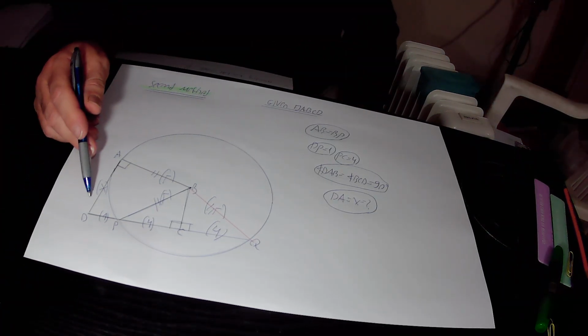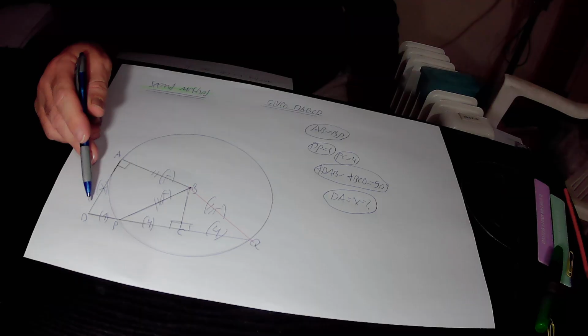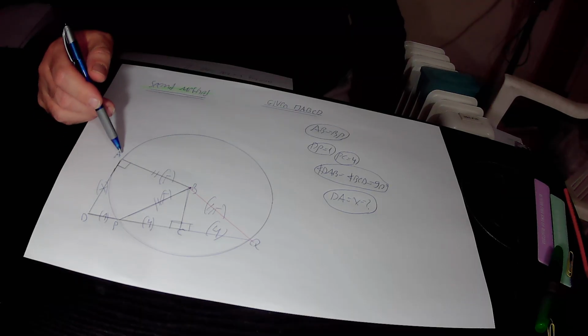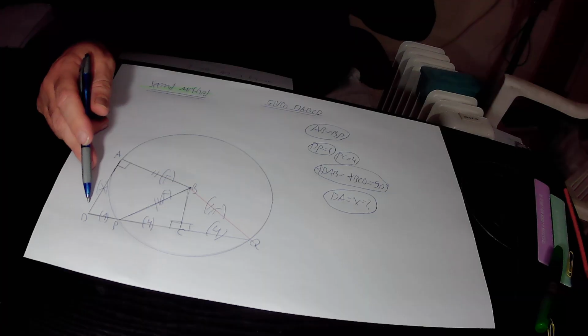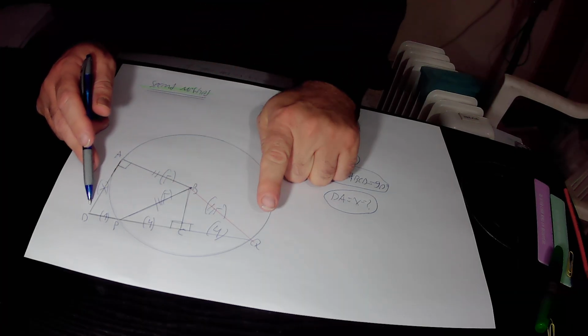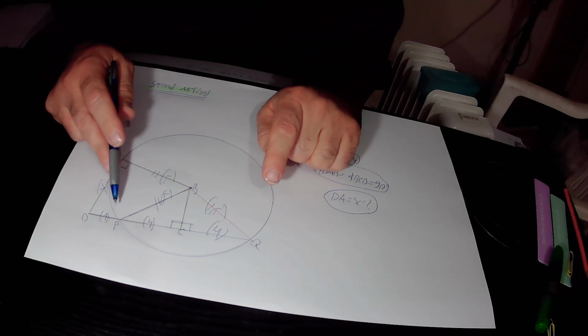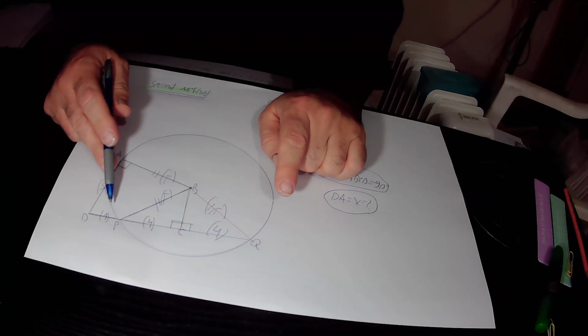This is the common external point D. From it, we have tangent DA that is tangent to this circle at point A. Likewise, from the same point D, we have secant DQ that cuts this circle at those 2 points P and Q. So all the requirements of the tangent secant theorem are satisfied.